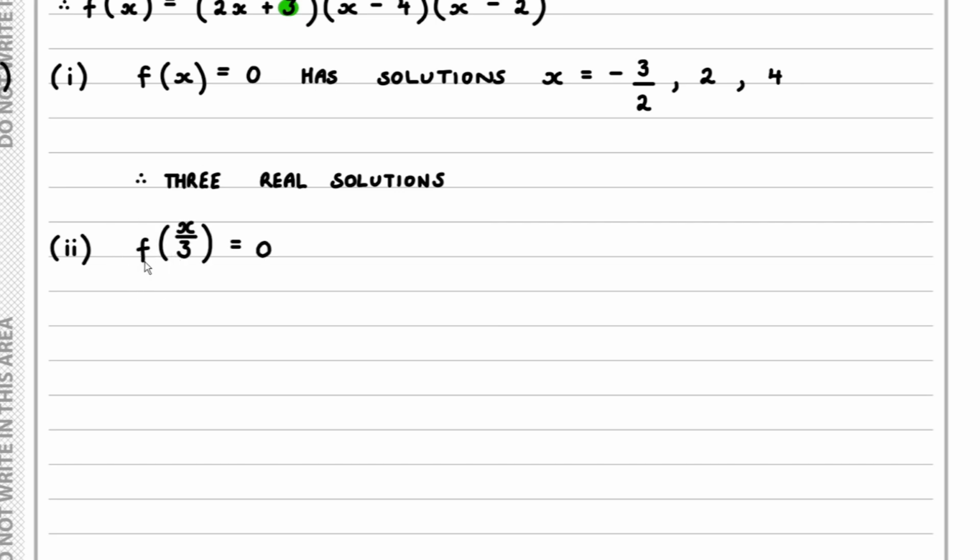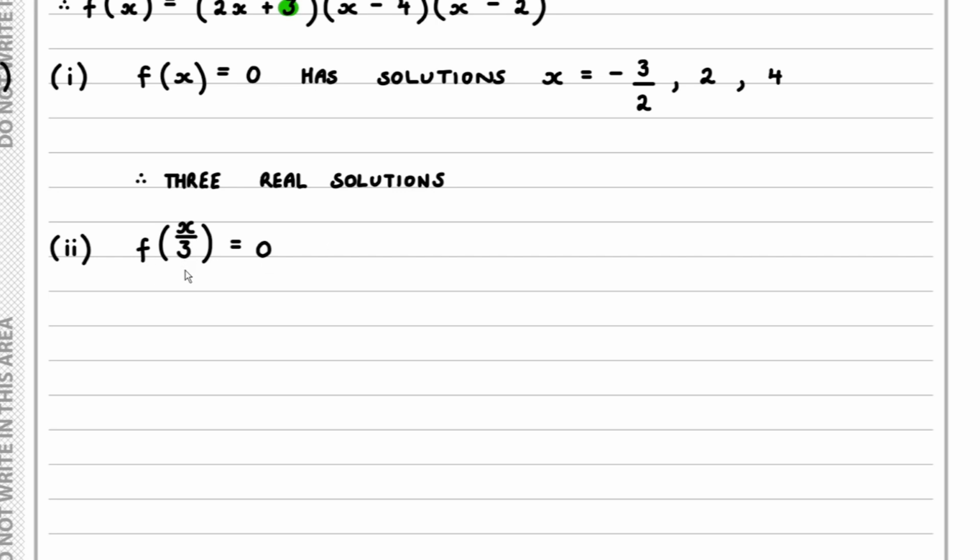If we think about f of x over 3 equaling 0, well, we know the solutions of f of x equals 0 from the first part of part C. And going from f of x to f of x over 3, we have a stretch by scale factor 3 in the x direction, which means to find the solutions of f of x over 3 equals 0, we would have to multiply each of these solutions by 3.